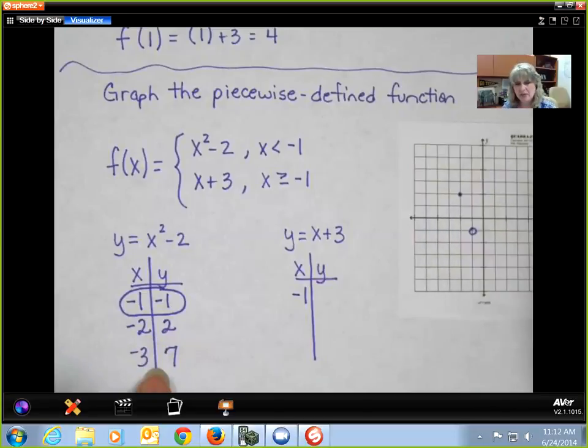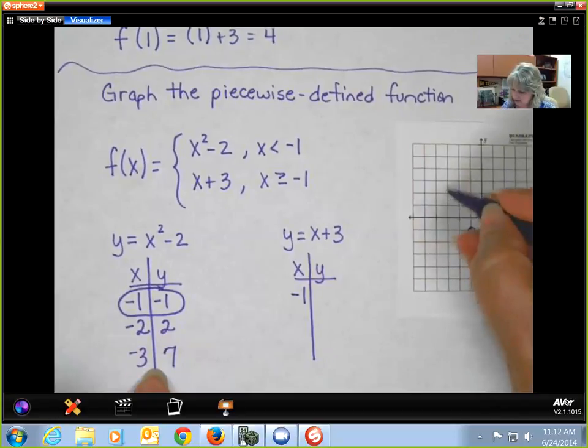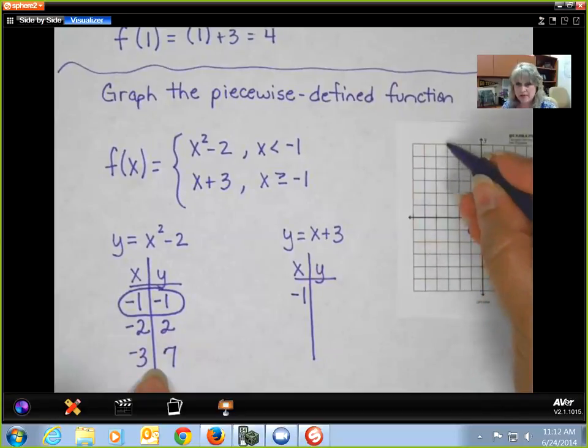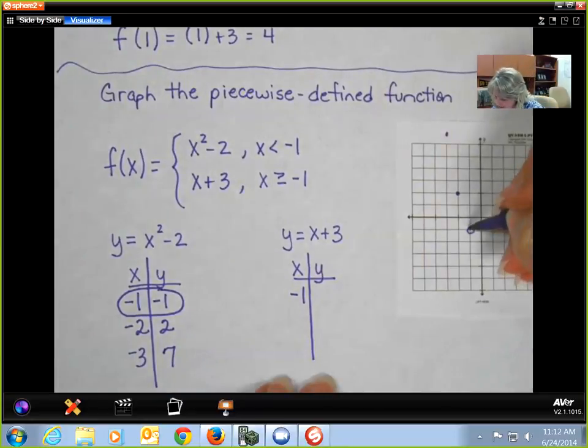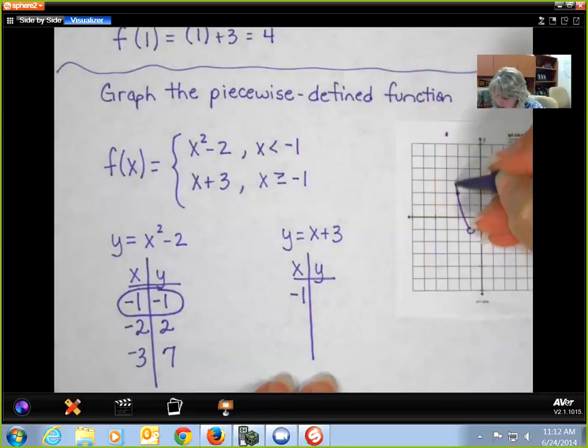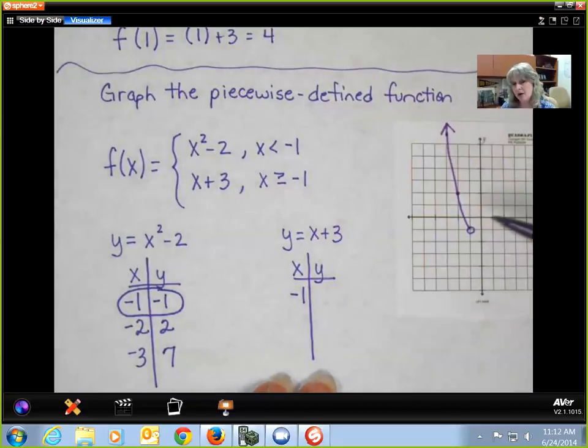And then at -3, it goes all the way up to 7. Well, that only goes to 6, so we can estimate that's probably about 7 right there. So it's going to look like a parabola on this side. So we're just going to connect those points, making that U-shaped graph. And remember, we could keep going to the left, so that's why we put an arrow on the end there.